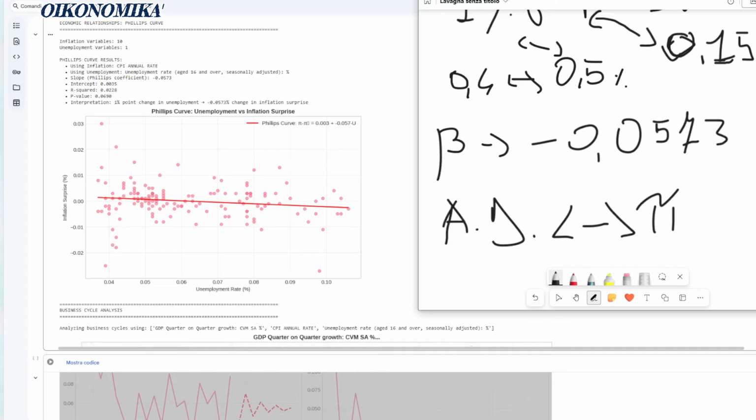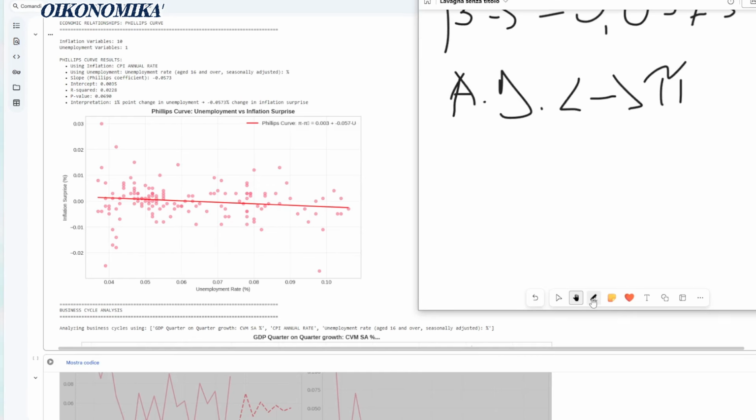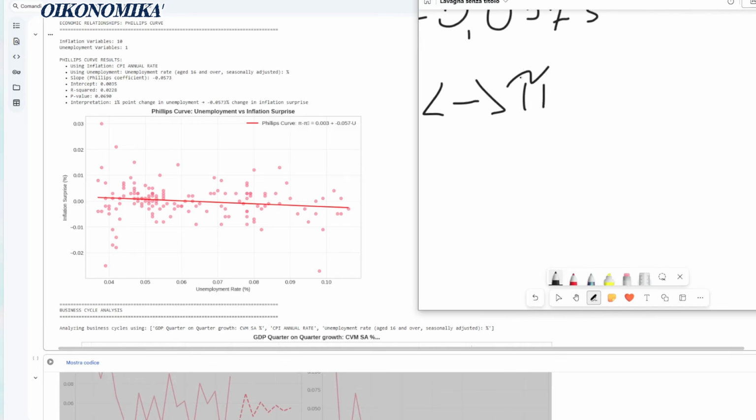That's a pretty basic thing. So if we want to see the basic Phillips curve formula, we will know, for example, that pi, which in this case is the coefficient for inflation, is the inflation expectation, some sort of what inflation we expect, minus b, which is the beta coefficient, and the difference in unemployment.